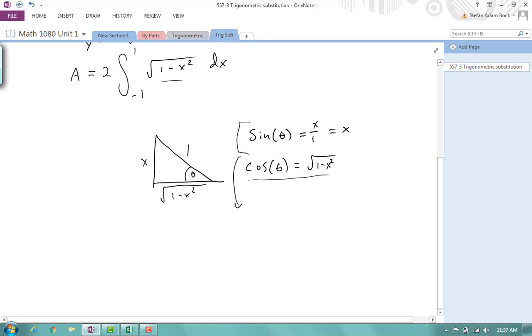So I'll take the derivative there. The derivative of sine of theta is cosine of theta d theta, and the x becomes dx.